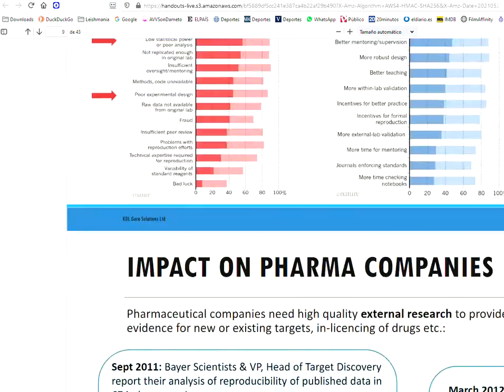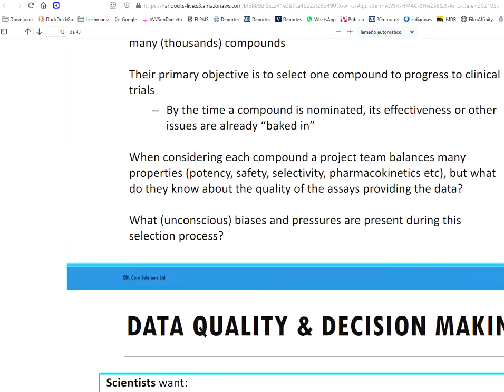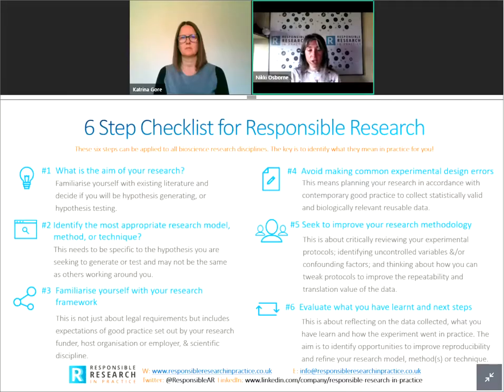So in the context of today's webinar, it's really the 4th and 5th steps in this checklist that we're thinking about. The 4th step is about designing your experiments to avoid making common experimental design mistakes and ensuring that the data you collect is both statistically valid as well as biologically relevant.